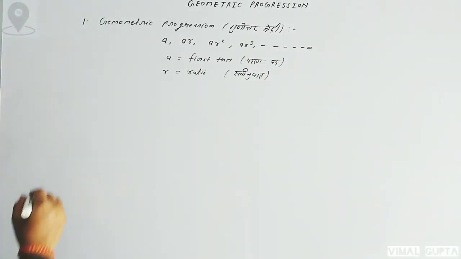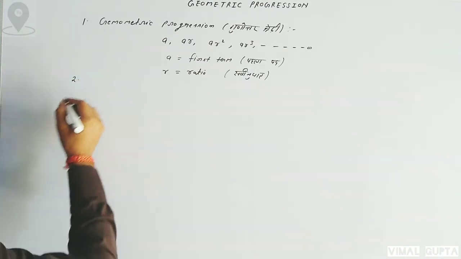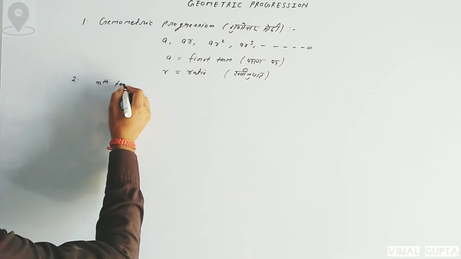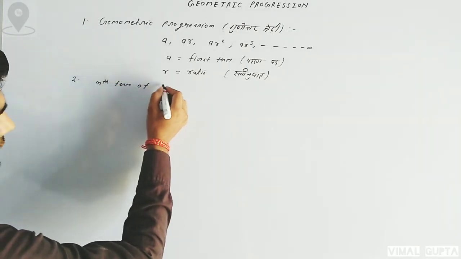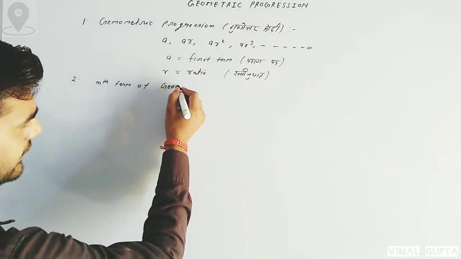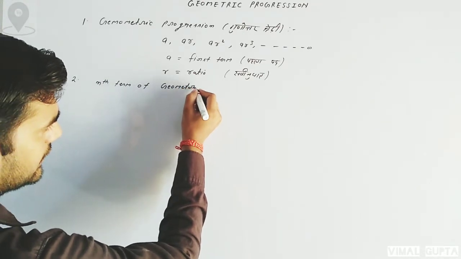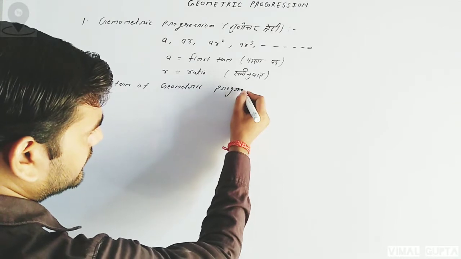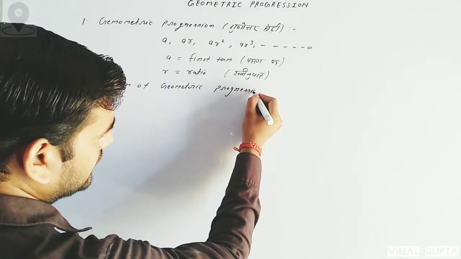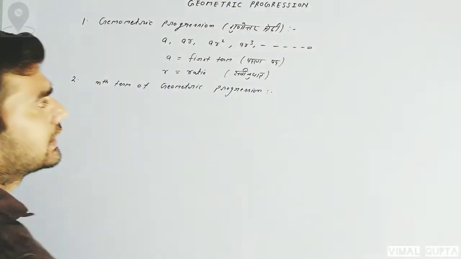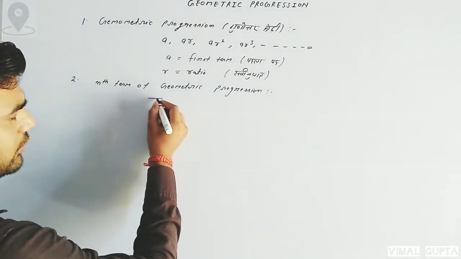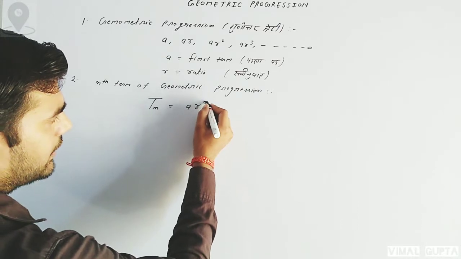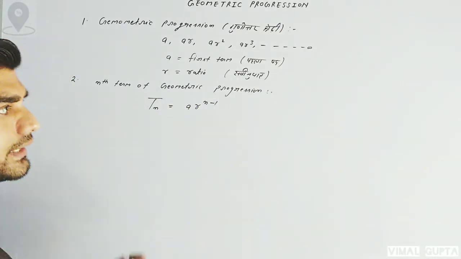तो second is nth term of geometric progression. Tn is equal to a r की पावर n minus 1.